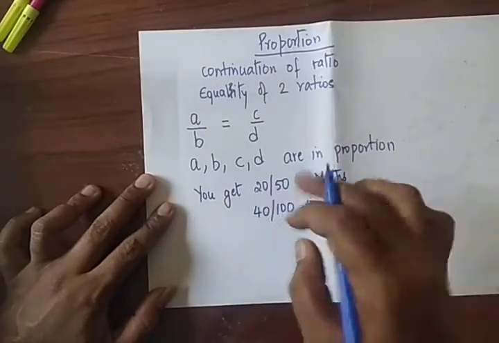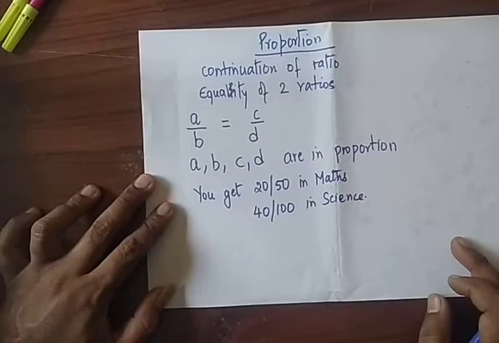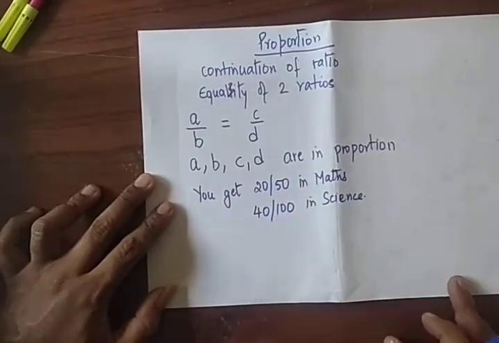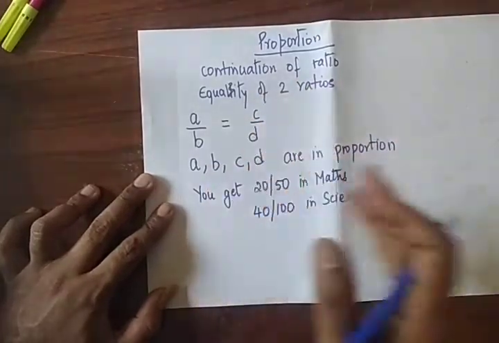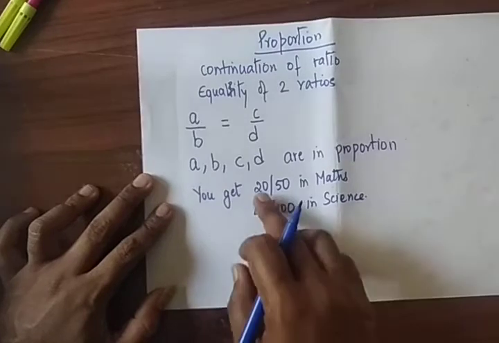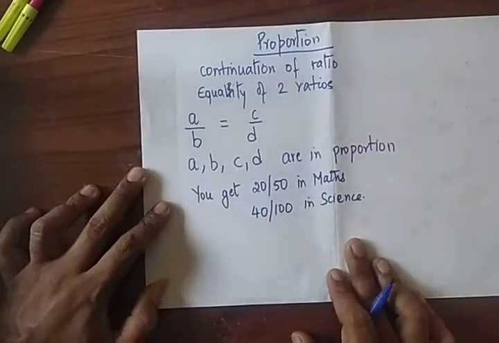This is 20 out of 50, the other one is 40 out of 100. Since the denominators are different, you cannot say you scored more in science, because 40 is out of 100 and 20 is out of 50.